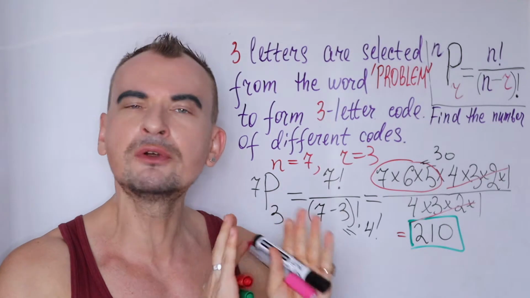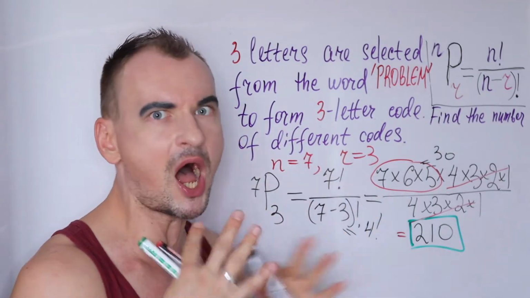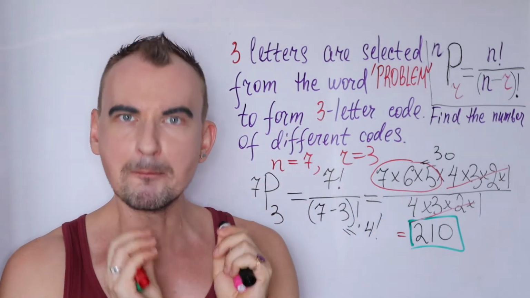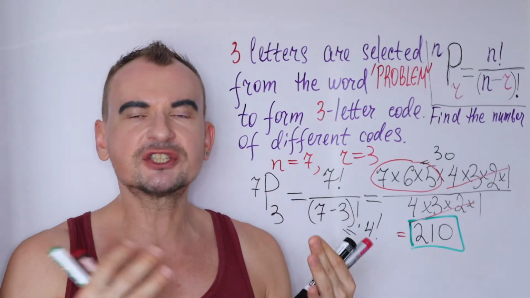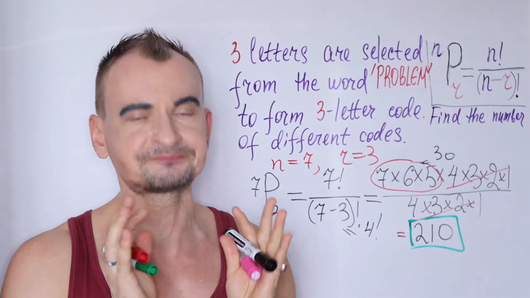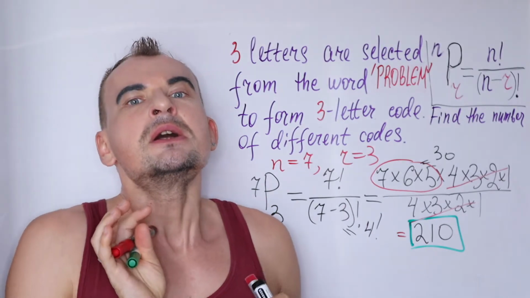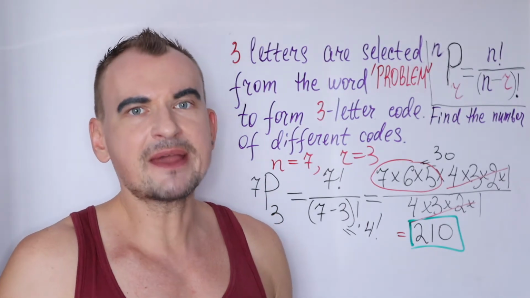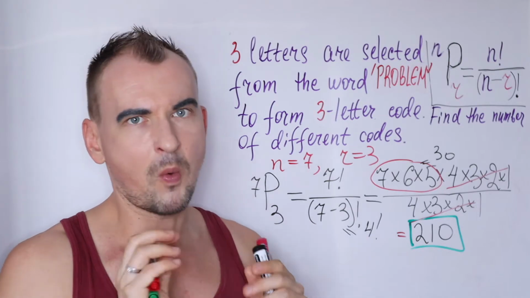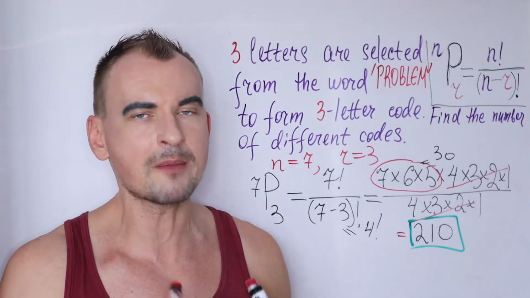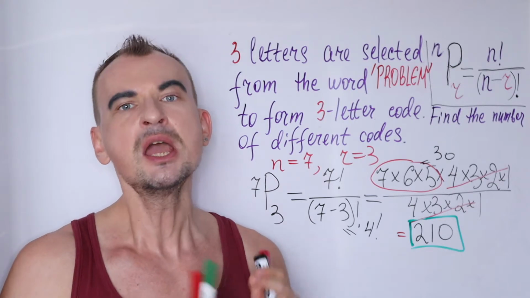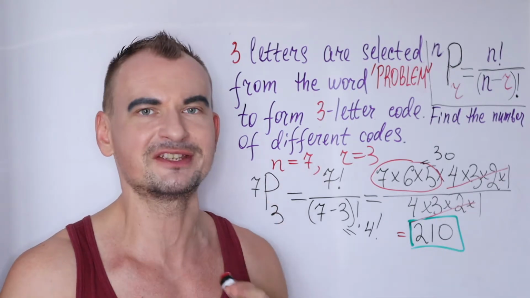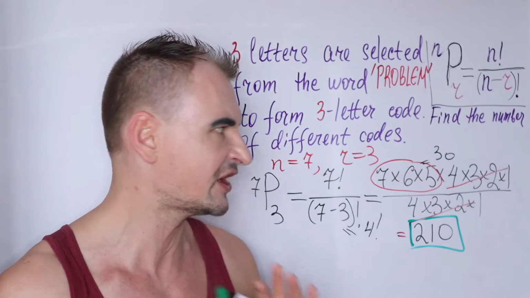I assume you don't know what permutations are, you're not familiar with this, but for this problem you could use a multiplication or counting principle, if you will. And by the way, I do have a separate video on multiplication rule for combinatorics, and the link will be down below in the description box. If you are down to this, you could check it out, you could jump into this later.